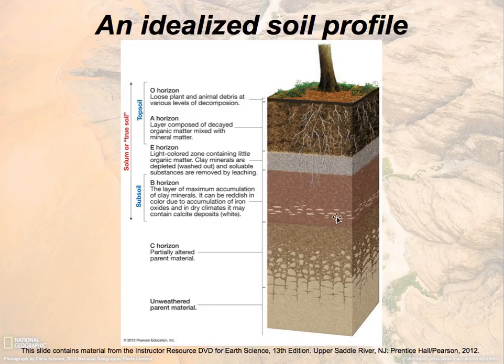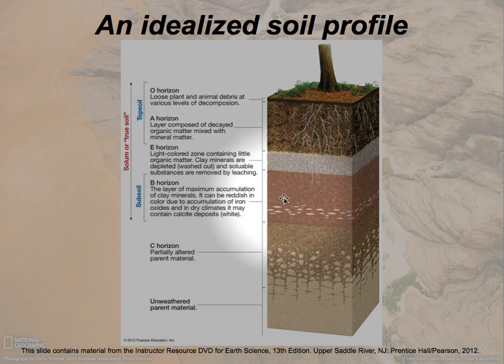That is, it's often very, very fine. Remember, clay is a very fine grain size. It can be different colors, but often is red due to iron oxidation. In Florida, you would often find very whitish zones where there's lots of calcite deposits. There's lots of carbonate minerals in Florida, and so typically as you dig down below the A horizon, you'll find it very light colored, and that's due to the mineralogy of the region.